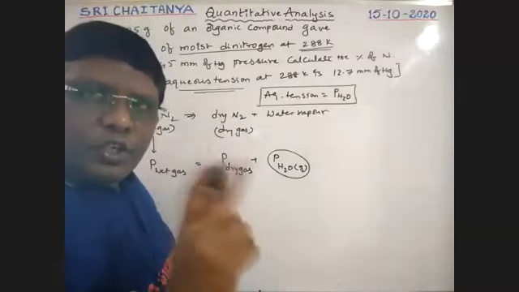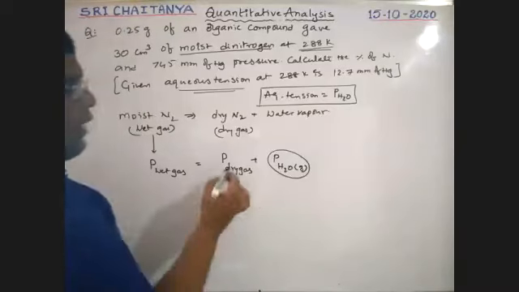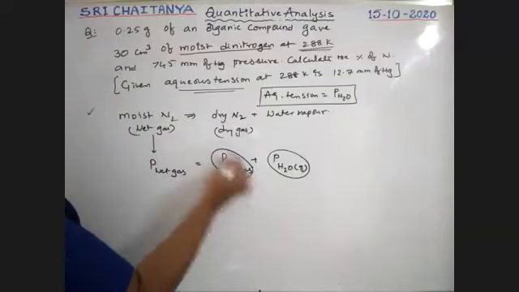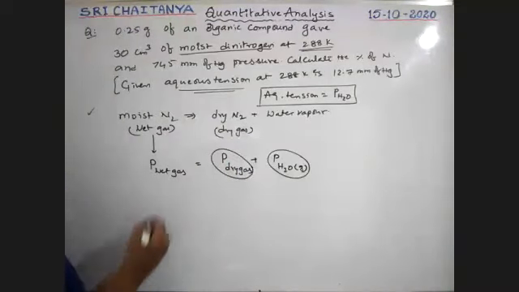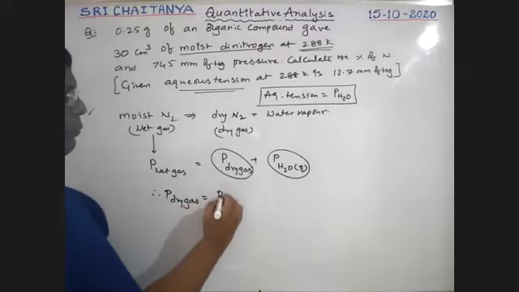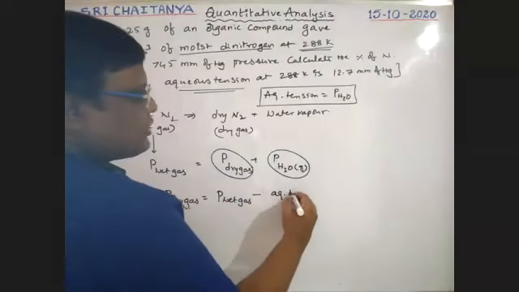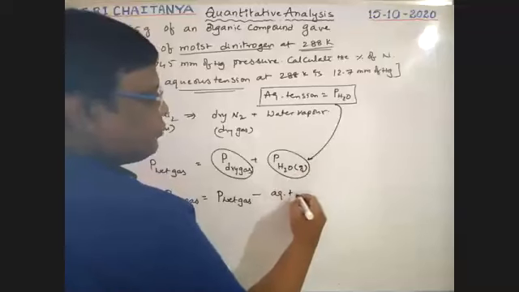But we should use only nitrogen, not a mixture of gases. So that's why I am using only the pressure of dry gas. Therefore, pressure of dry gas is equal to pressure of wet gas minus aqueous tension.